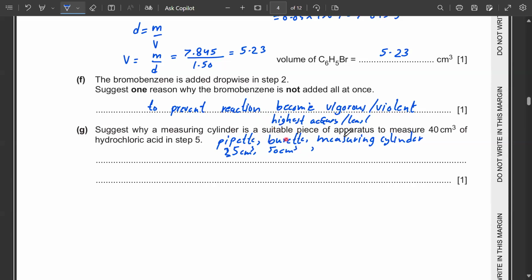So why are we using a very least accurate apparatus to measure the HCl? Why don't we use a very accurate apparatus to measure the HCl?